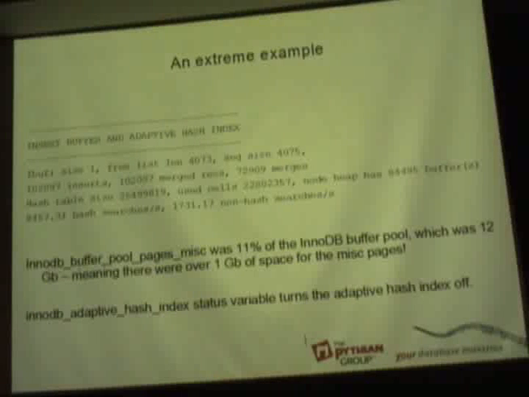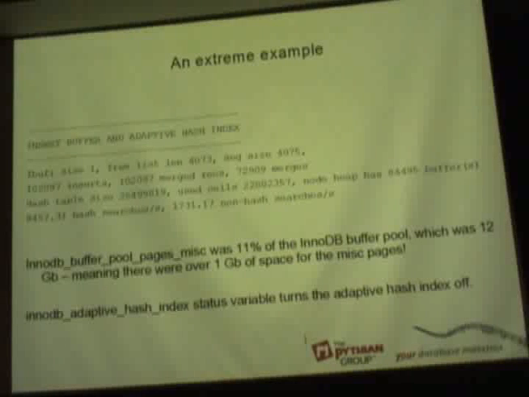InnoDB buffer pool pages MISC is the place where the pages used in the buffer pool store these adaptive hash indexes. So there is the memory overhead. On this particular server, it was over a gig, 11% of a 12 gigabyte InnoDB buffer pool.